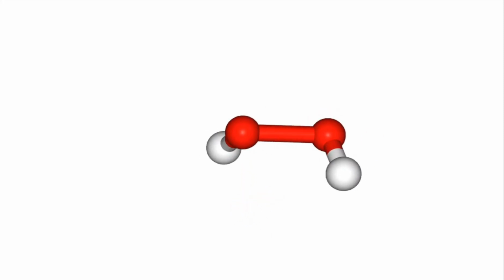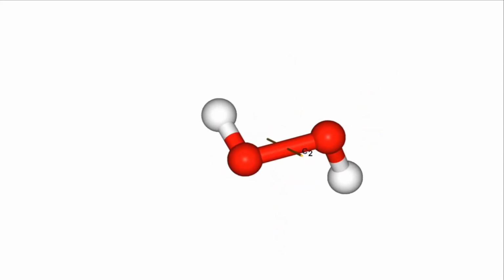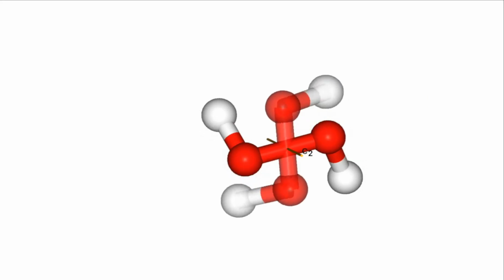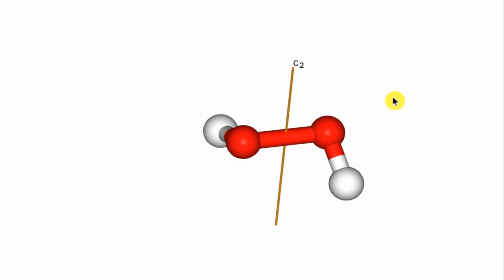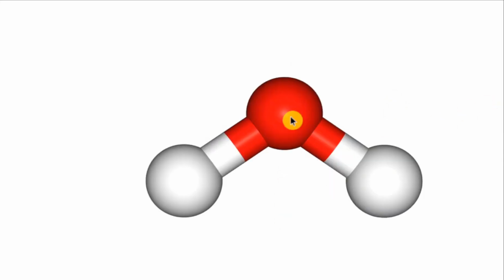Through the center of the oxygen-oxygen bond, in this way, it possesses a C2 axis. That means if I rotate the molecule along this axis through 180 degrees, it goes to a configuration indistinguishable from the original configuration, and hence it is a symmetry operation. Hydrogen peroxide contains one C2 axis.